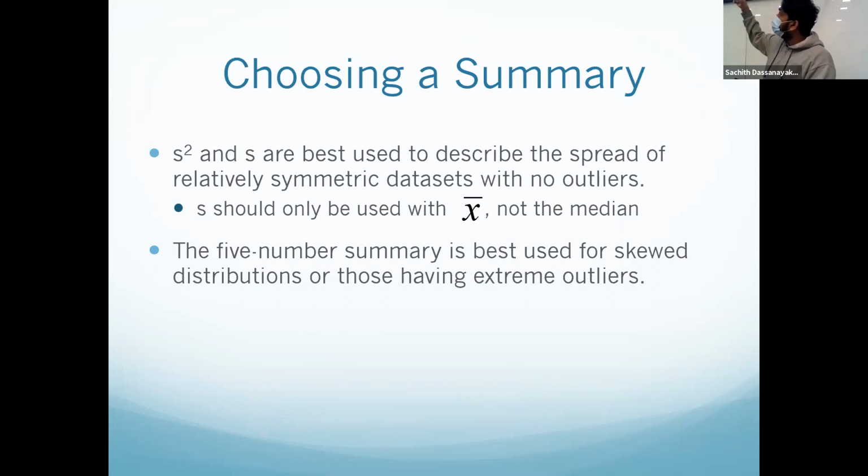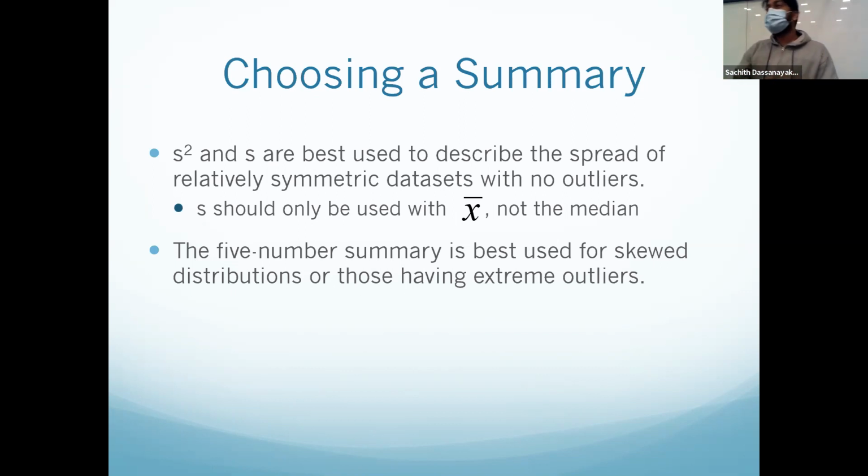S and S squared should only be used with X bar. Why? Because we use X bar to calculate S and S squared, right? We don't use the median. That's why we just stick with X bar.